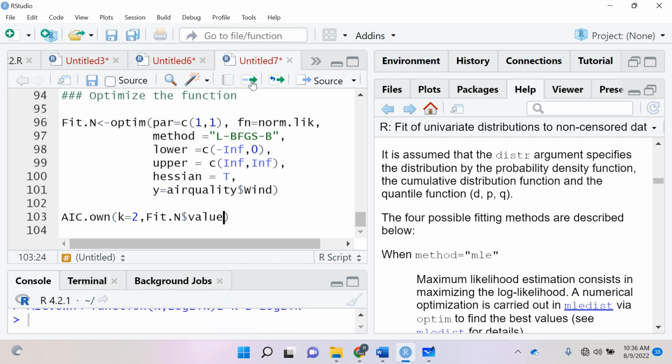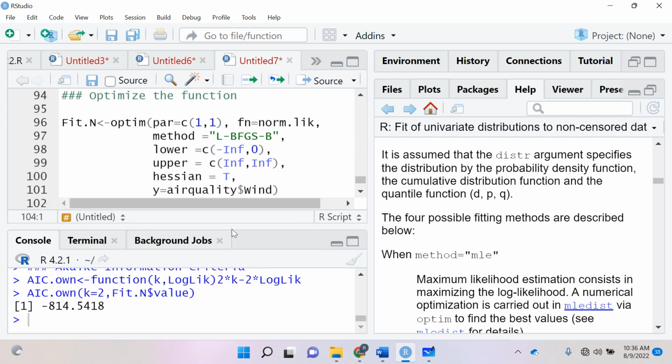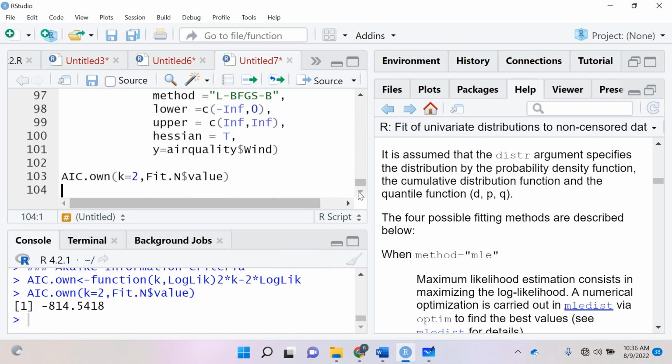Okay, so there I get negative. Okay, so usually the Akaike information for continuous cases are negative.